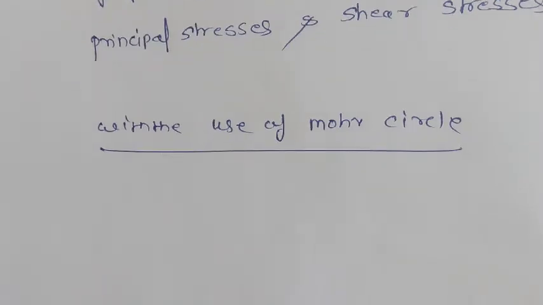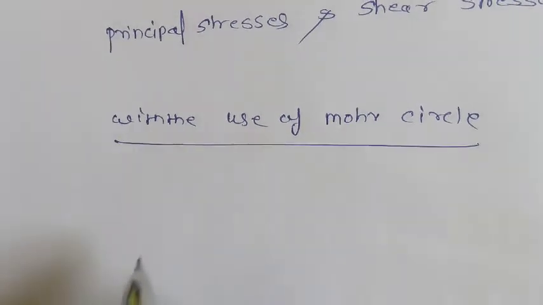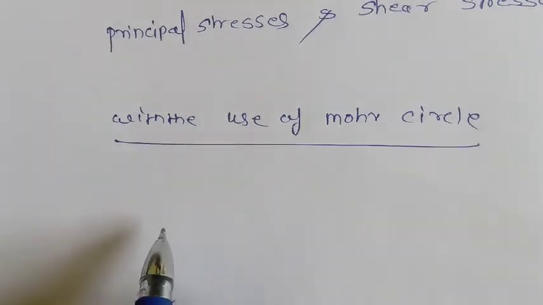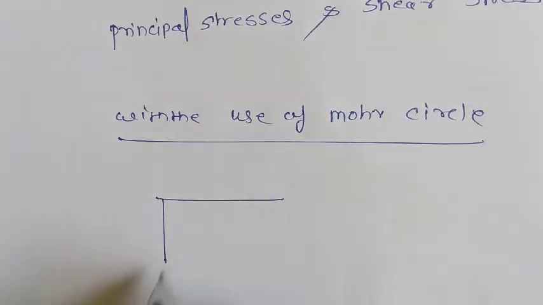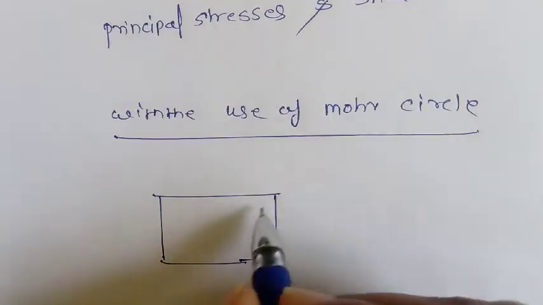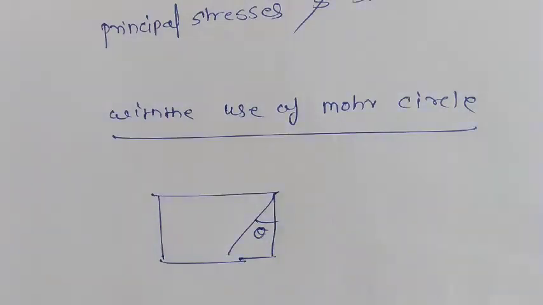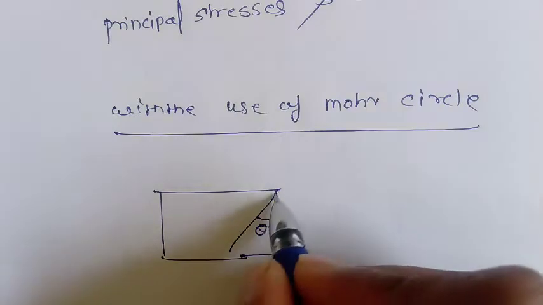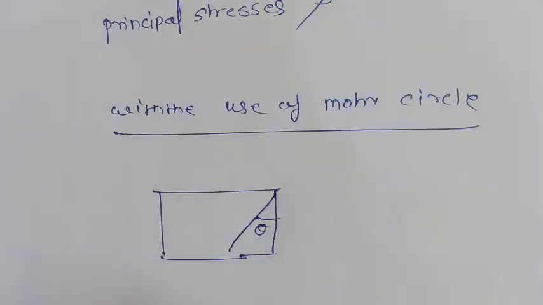In the analytical method we have to use the formulas a number of times to determine the stresses on an oblique plane of any component, such as this component here. If the angle theta is given, maybe 30 degrees, 40 degrees, whatever, then for this particular theta we have to use one formula related to the principal stress, shear stress and normal stress.